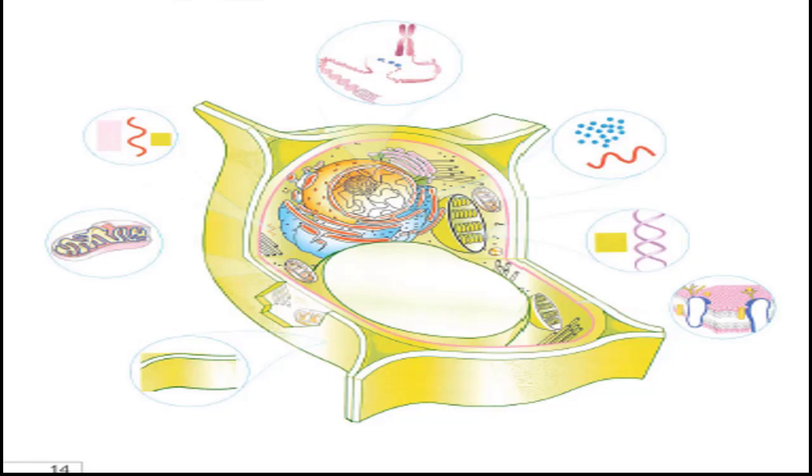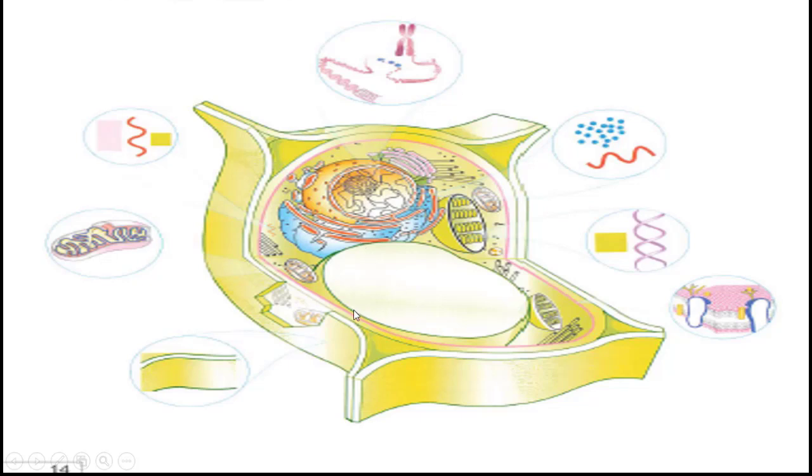If you look at the plant cell, you can see the cell wall. The cell wall consists of cellulose, a type of carbohydrate, or complex sugar. If you look at the nucleus, you will see it consists of chromosomes. Chromosomes consist of nucleic acid, DNA.